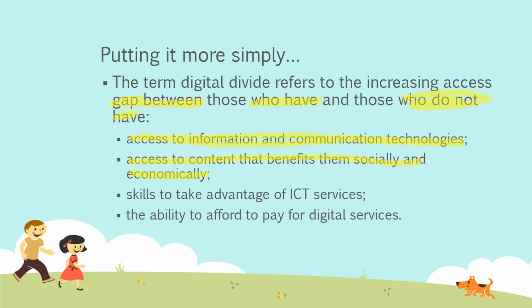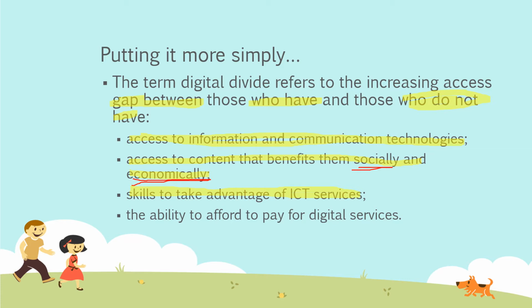In our next slides we will explain the meaning, and give examples of the social and economic situations. The third one is about skill, the skill to use advanced ICT services. For example, teenagers most likely have the advanced skills to get information, while old people do not.